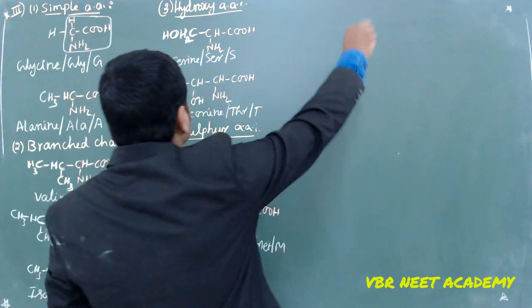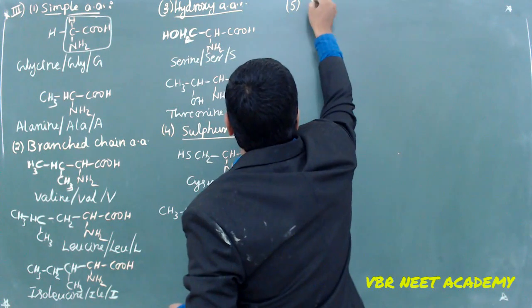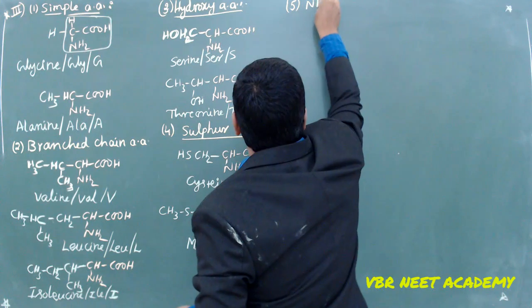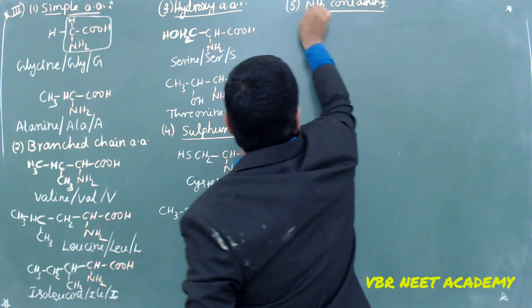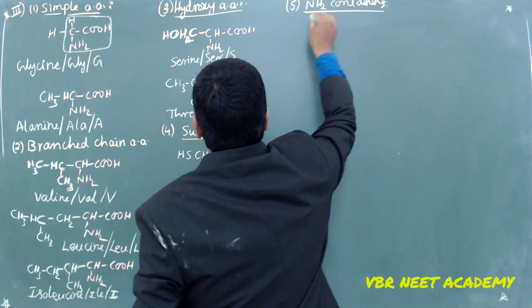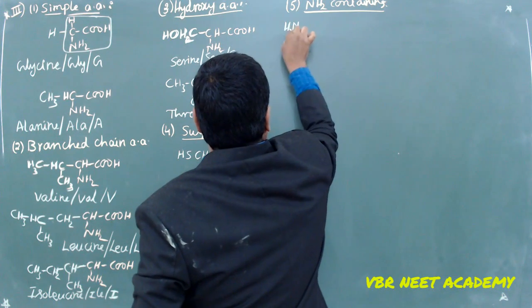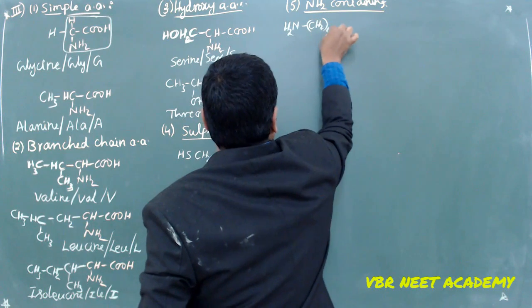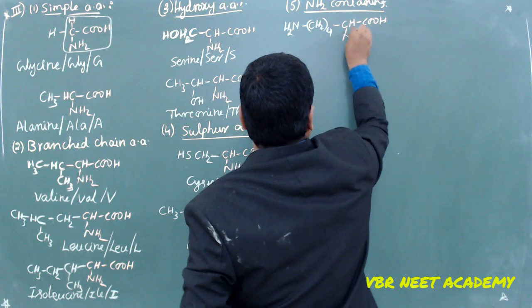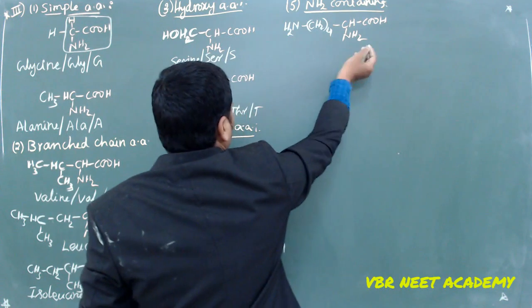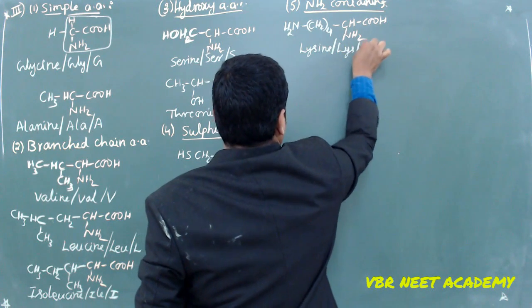And next one, extra NH2 containing, or the basic amino acid which you have already seen. Here take NH2, CH2 four times, CH, COOH, NH2, which is called lysine, LYS.